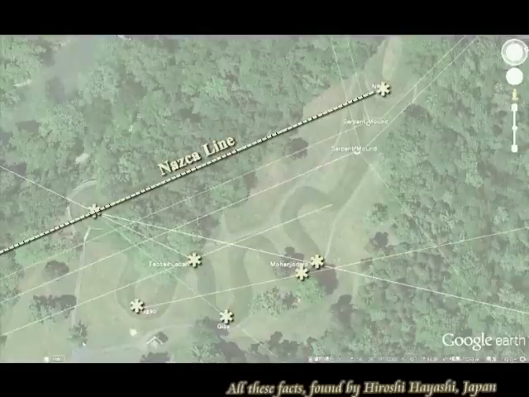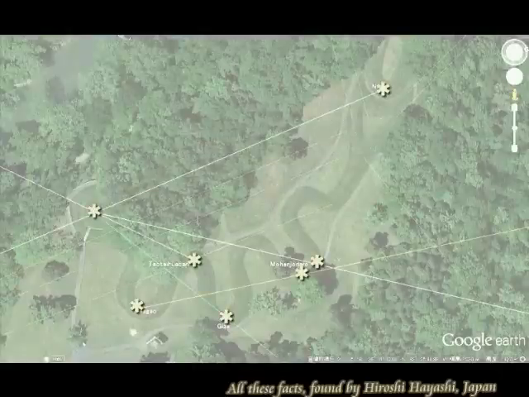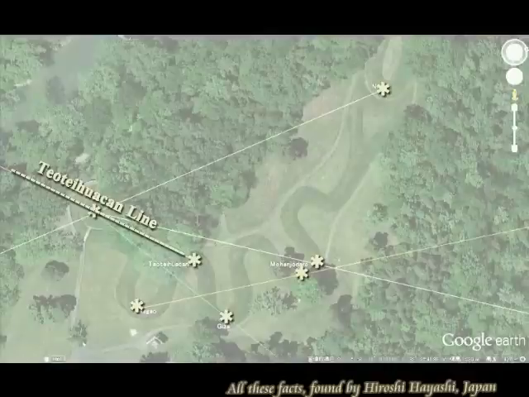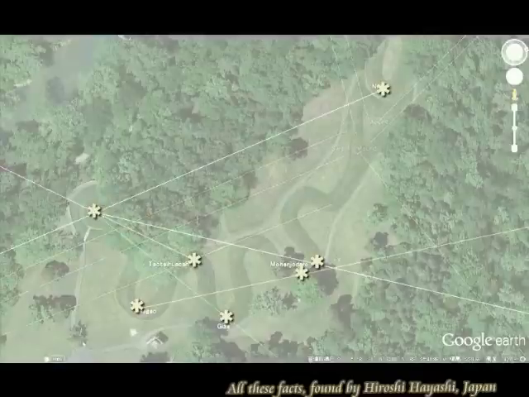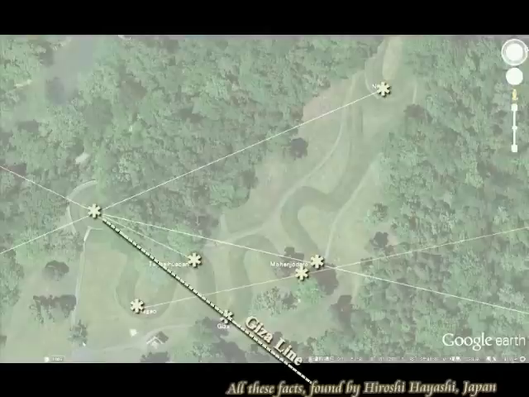Nazca line. This shows the line to Nazca line. And this line will take you to Teotihuacan, Mexico. This line will take you to Giza, Egypt.